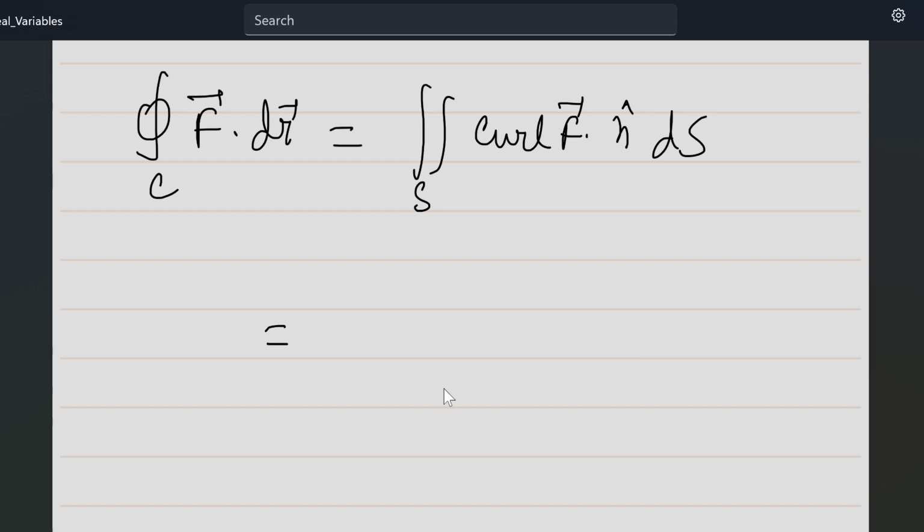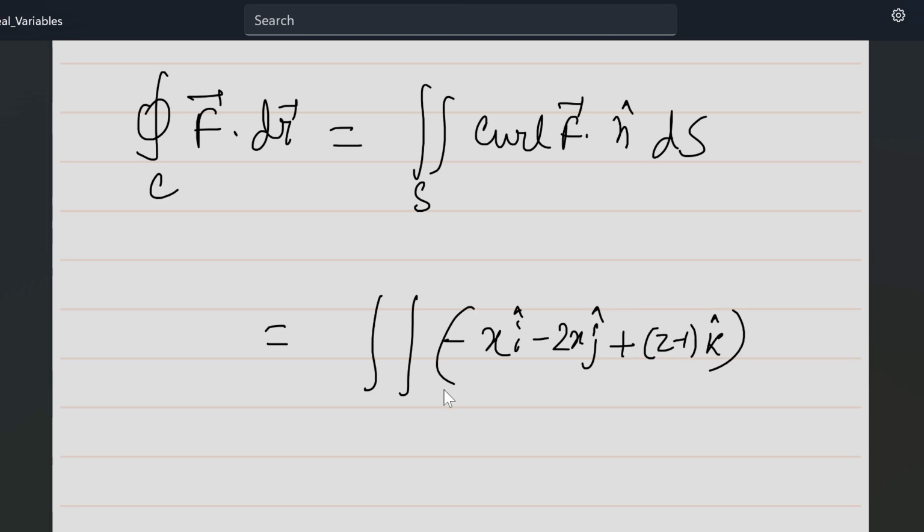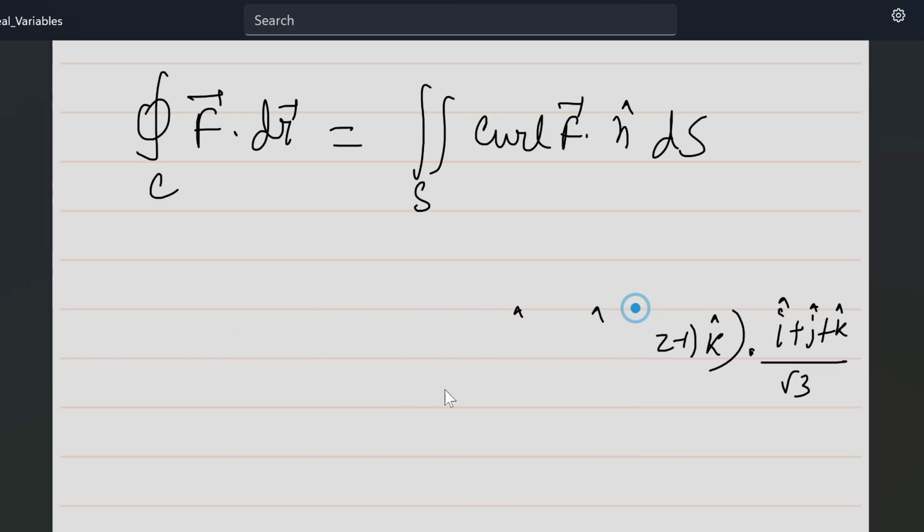So I am getting curl f as minus x i minus 2x j plus z minus 1 k, correct? Dot n hat, I got as i plus j plus k by root 3. Okay, and what is ds? I will write it from the left so that I can write in one line.